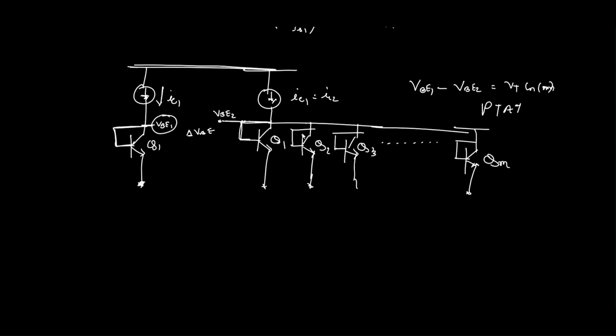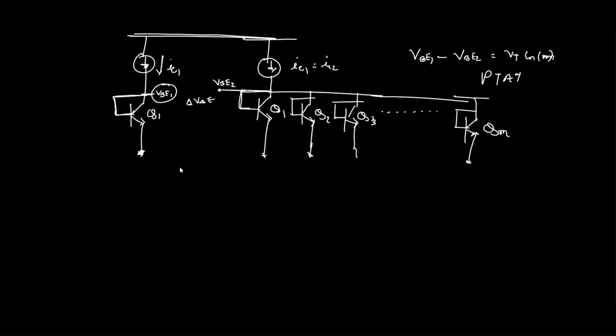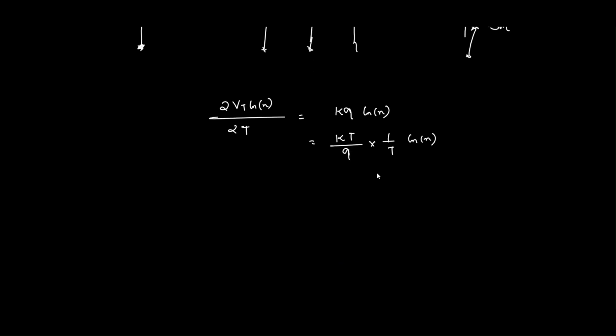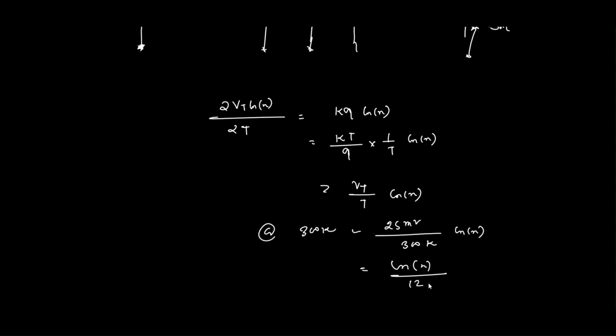But here also there are some problems. If we take this derivative with respect to the temperature, at 300 Kelvin, 25 millivolt, 300 Kelvin, ln N by 12.